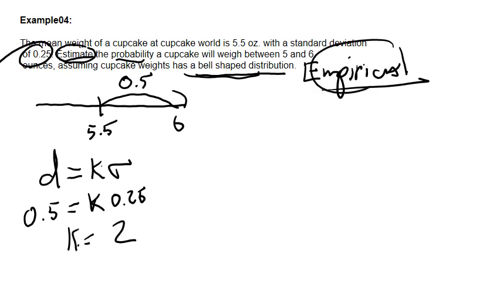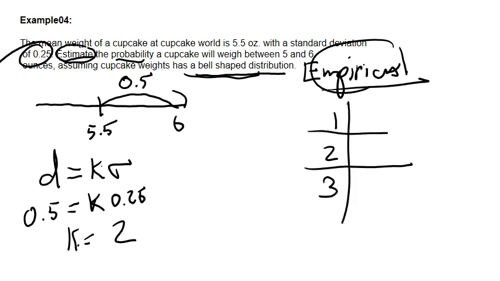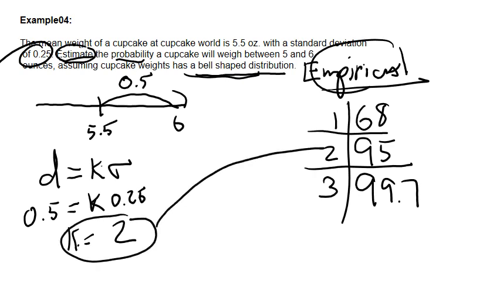If you're working with the empirical rule, you should be getting either 1, 2, or 3 for your value of k. If you're 1 standard deviation away, 68%. If you're 2 standard deviations away, 95%. If you're 3 standard deviations away, 99.7%. We are 2 standard deviations away, so approximately 95% of the data is going to be between these two numbers. That is, 95% of the cupcakes are going to weigh between 5 and 6 ounces.